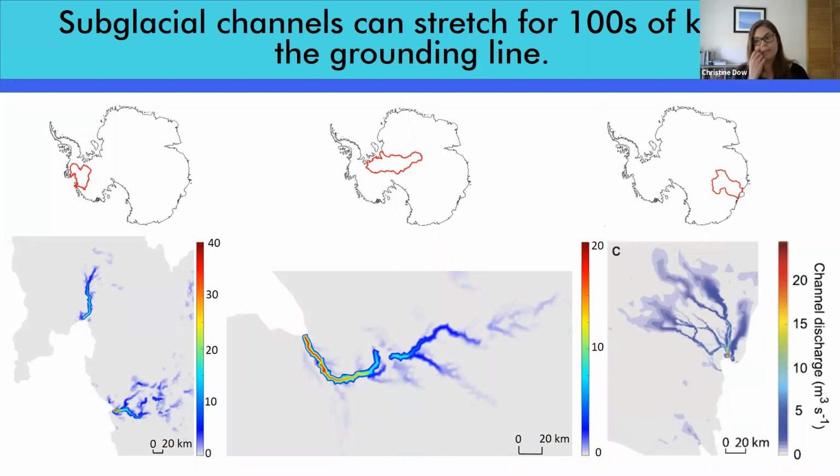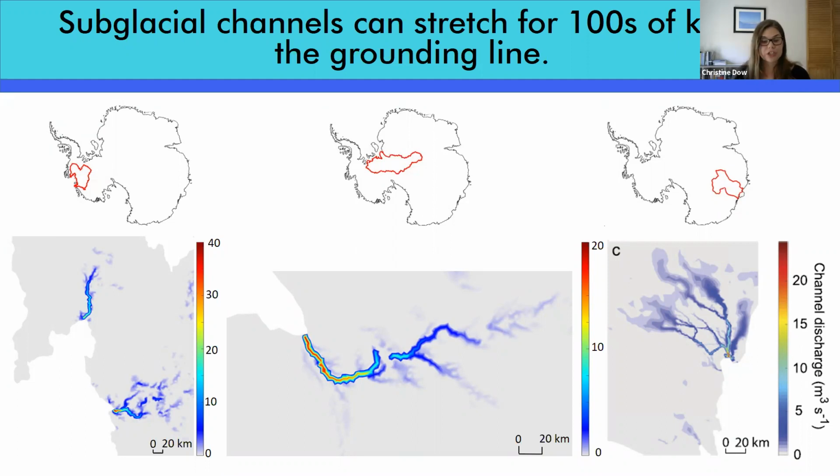However, because our channels in the Antarctic are driven entirely by in situ melt, we can grow these really, really long channels, and they're pretty stable. And the reason for that is because we don't generally have a lot of variability going on in the basal system, and so these can just persist in pretty large configurations for very long periods of time.